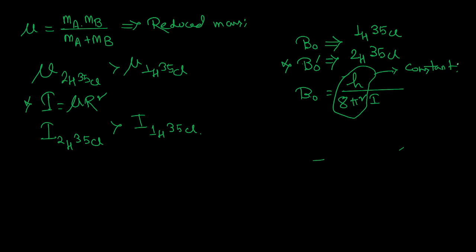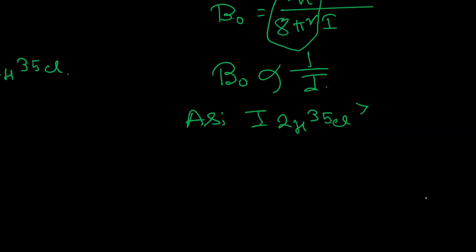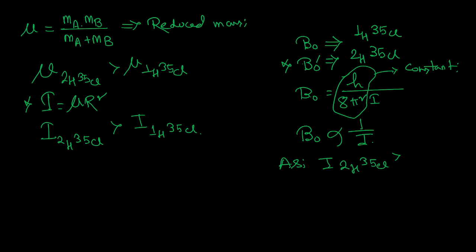So we can think that B0 is inversely proportional to I. Okay, then as I of 2H35Cl is greater than I of 1H35Cl, then B0 dash should be smaller than B0.